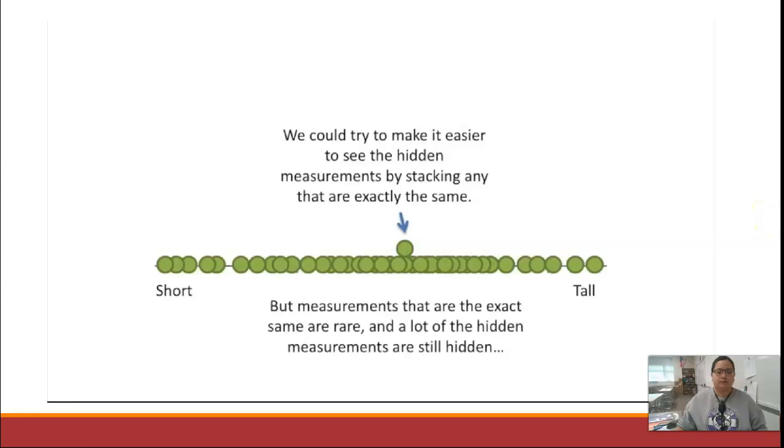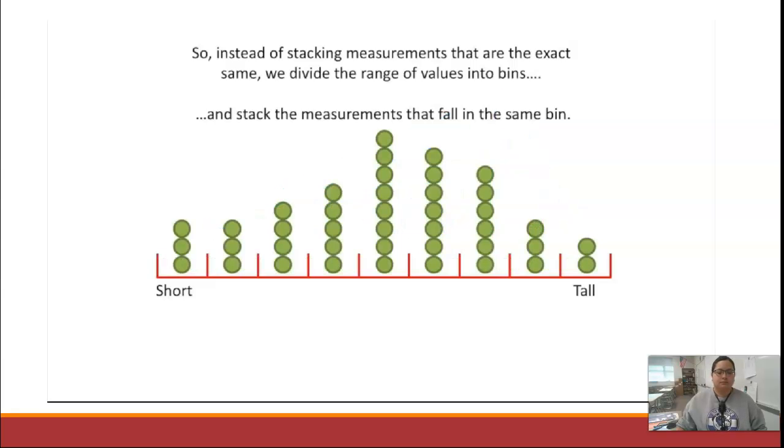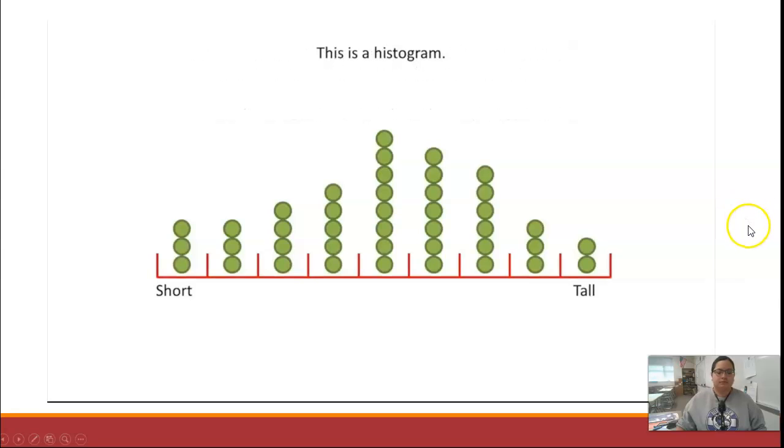But measurements that are the exact same are rare, and a lot of the hidden measurements are still hidden. So, instead of stacking measurements that are the exact same, we divide the range of values into bins and stack the measurements that fall in the same bin. This, my friends, is a histogram. Bam.